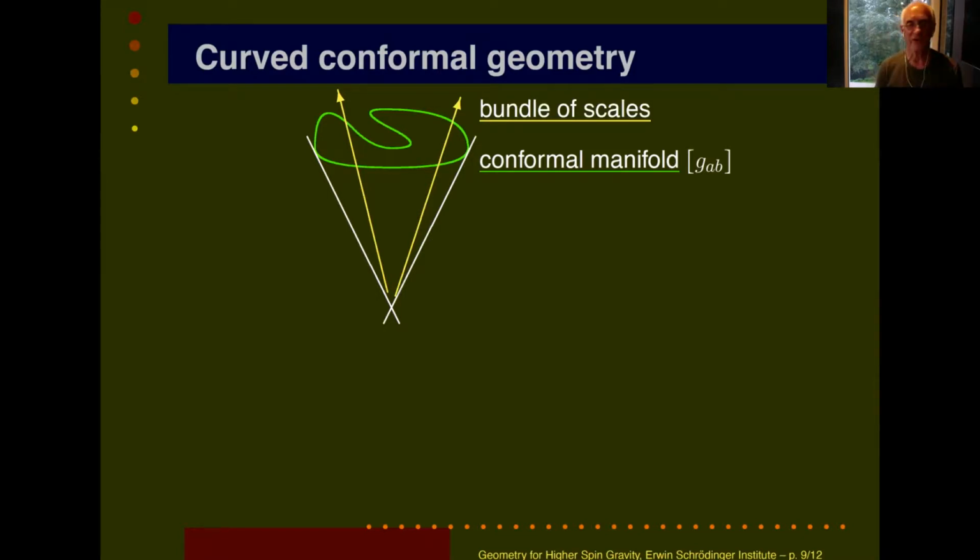So in other words, as you move up and down these yellow rays here, you are conformally rescaling your metric just at a point. In other words, a section of this cone bundle is a choice of metric in the conformal class.